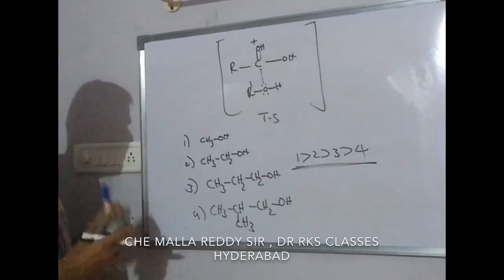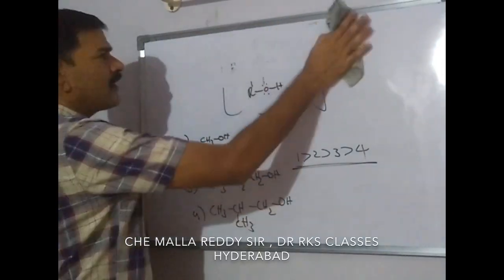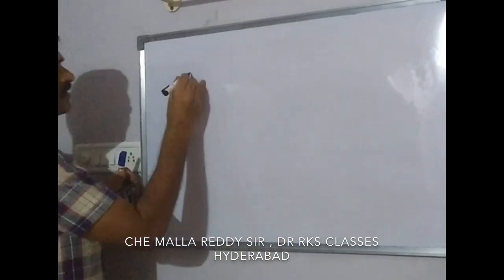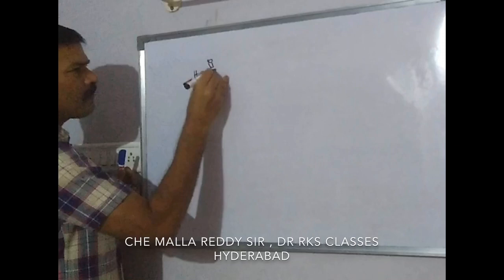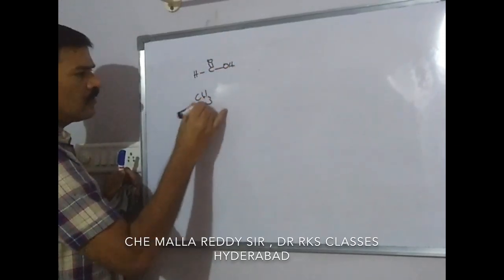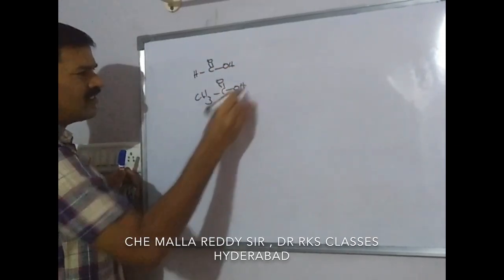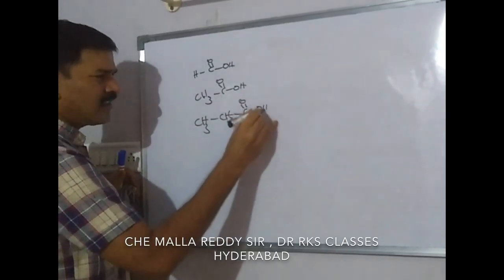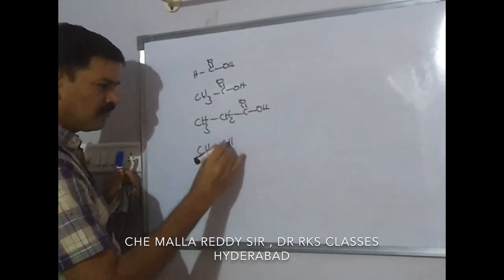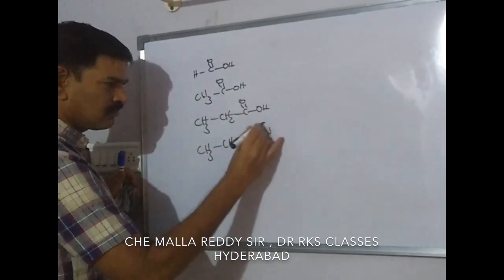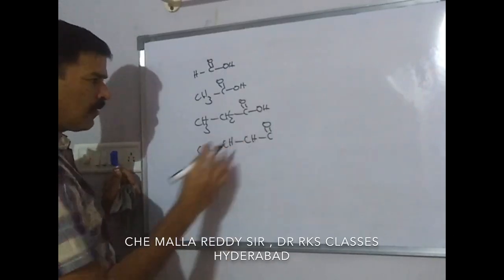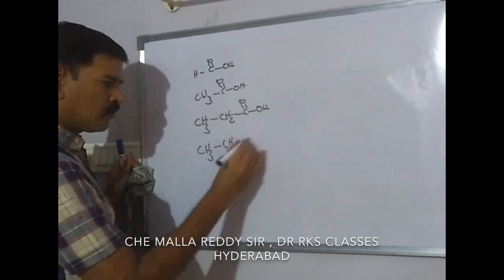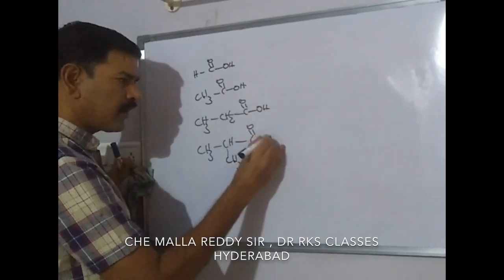Important part. Similarly, the reactivity of carboxylic acids towards esterification. Carboxylic acids: formic acid, acetic acid, propanoic acid, methyl propanoic acid.